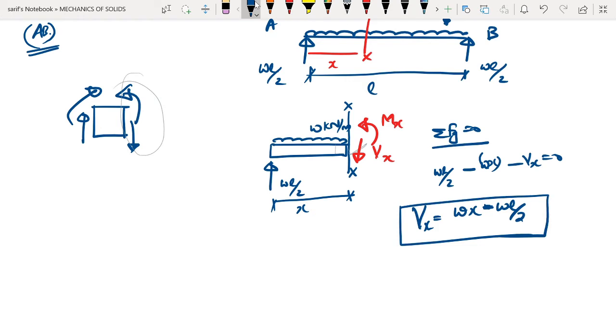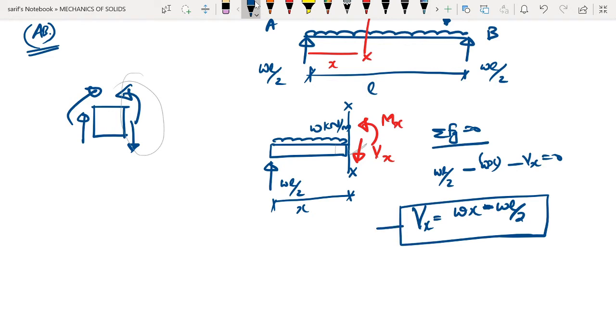Now if you look here, you will see that L is a constant, W is a constant. So this particular term WL by 2 is going to be a constant. The only variable here is X, that is your Vx is a function of X, and you see that the variation of the shear force is linear.